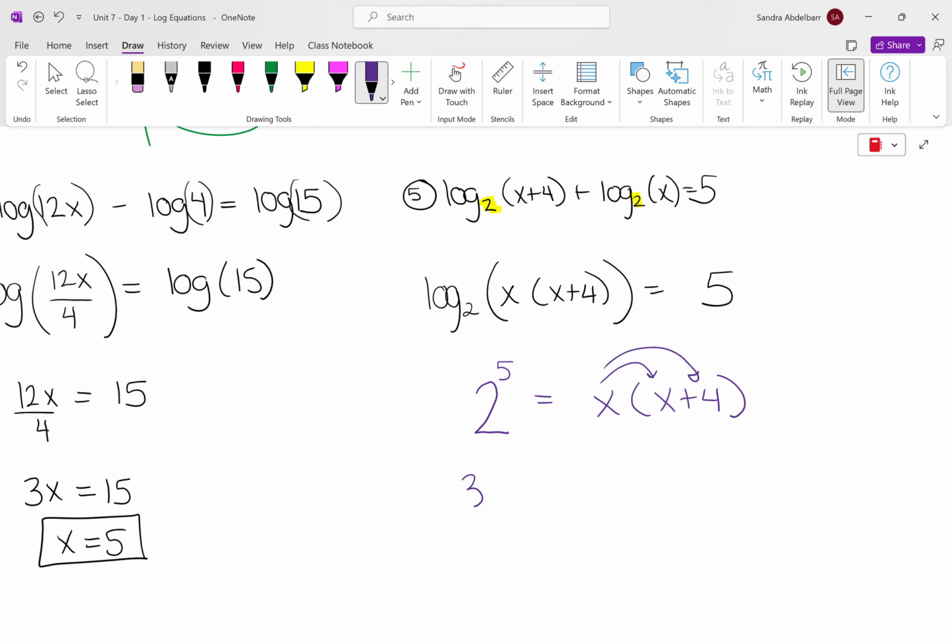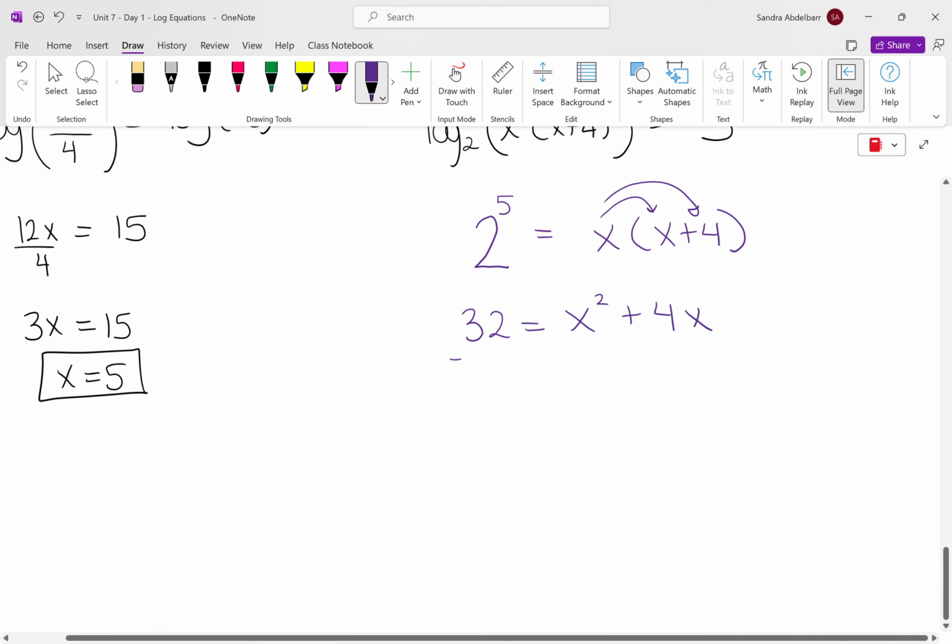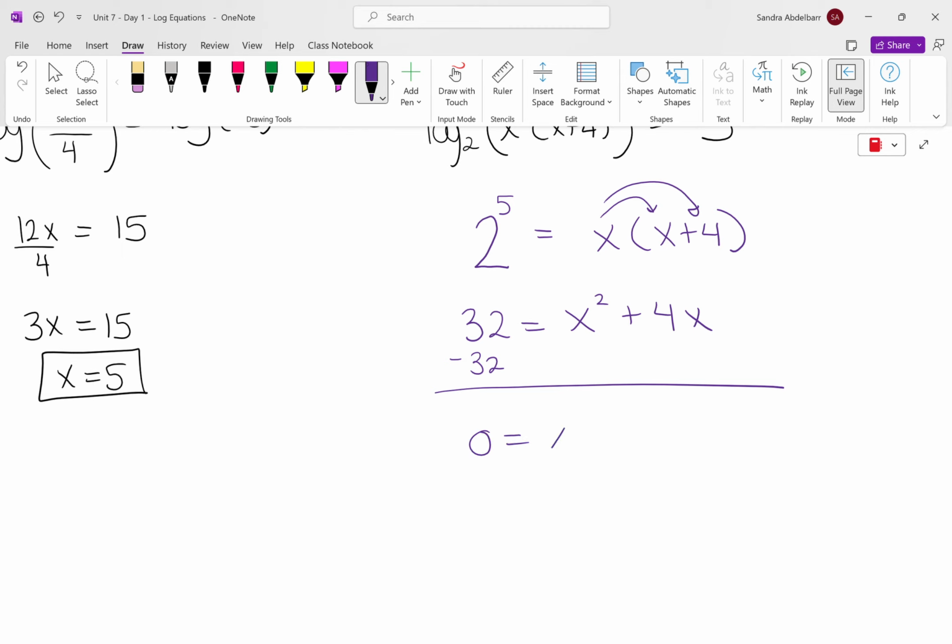What do I have to do with that x times the quantity of x plus 4? Distribute in. So 2 to the 5th power is 32, and that's going to equal x squared plus 4x. I'm going to have to factor, so I'm subtracting that 32. So we get 0 is equal to x squared plus 4x minus 32.